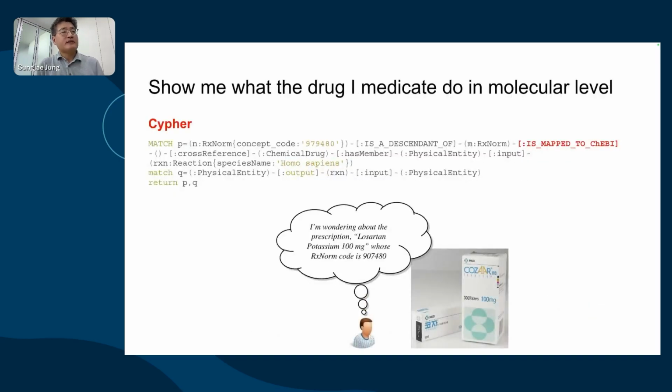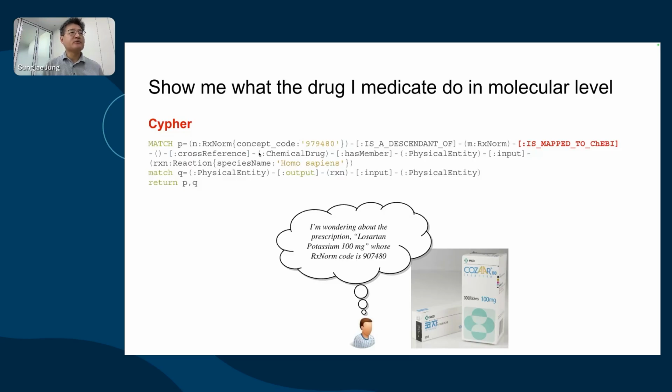This is the Cypher query: show me what the drug I medicate does at the molecular level. This kind of query can be processed with this Cypher query. For simplicity, let's suppose we have the Reactome code which is used on the CDM side, and let this node be the anchoring node.